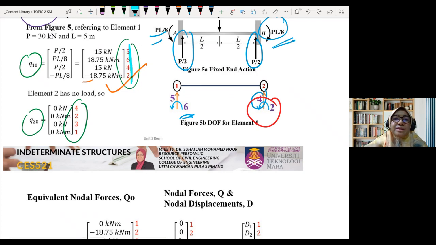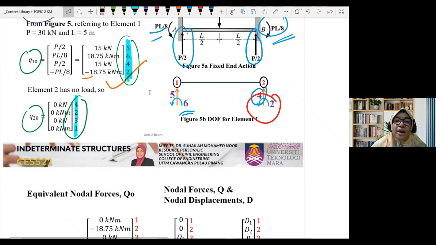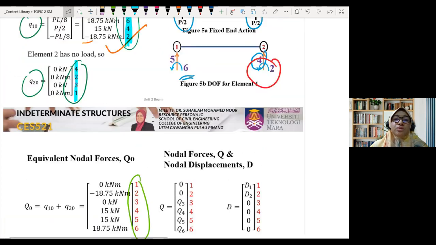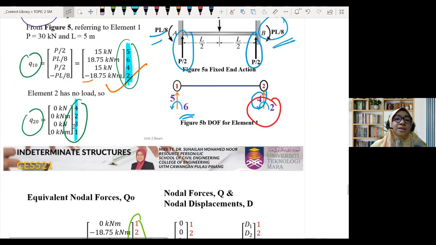Remember that this label and this label are actually the position in the structure. So when we combine to have the equivalent nodal forces, it is written in order just like K, from 1 to 6. If we want to calculate the value at position 1, we just refer back to this. Where is 1 in Q10 and Q20?